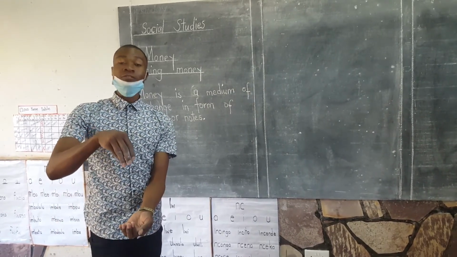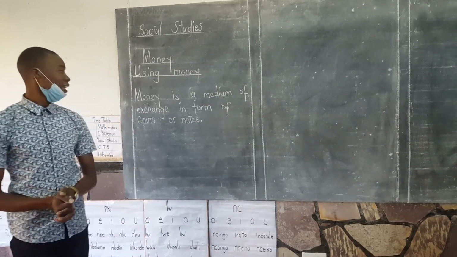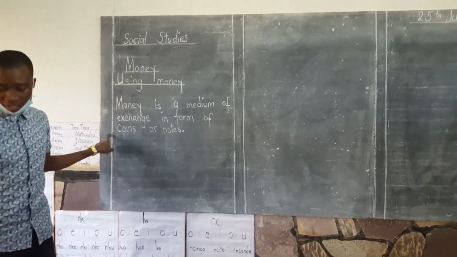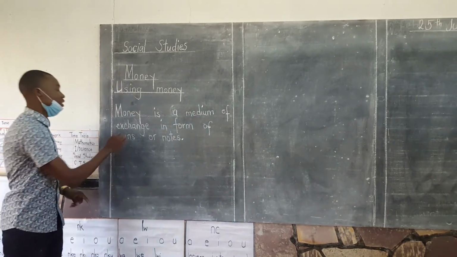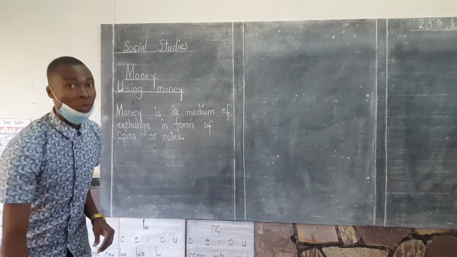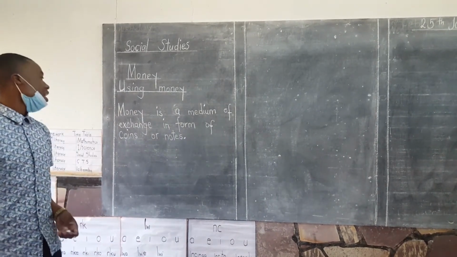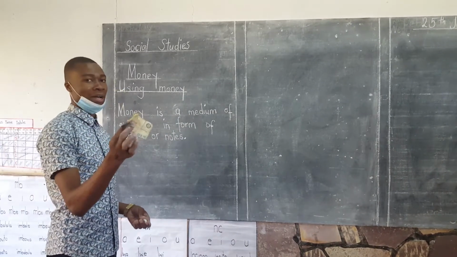So that is the only difference. So don't be surprised when you hear the word coins. It is a kind of money which is made from metal. Then notes are made from paper.